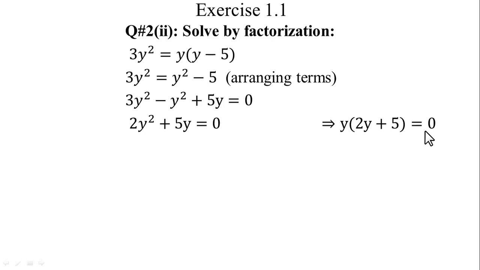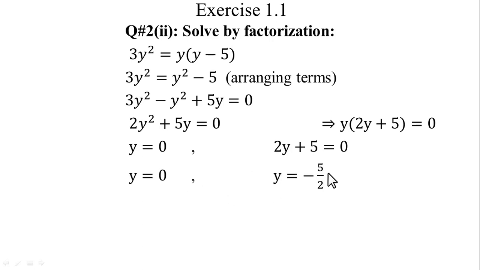Now we write that y is equal to 0 or 2y plus 5 is equal to 0. In the first part y is equal to 0, or 2y plus 5 is equal to 0. 5 is moved to the other side as minus 5 and 2 is divided. So the roots of the equation are y is equal to 0 or y is equal to minus 5 upon 2.